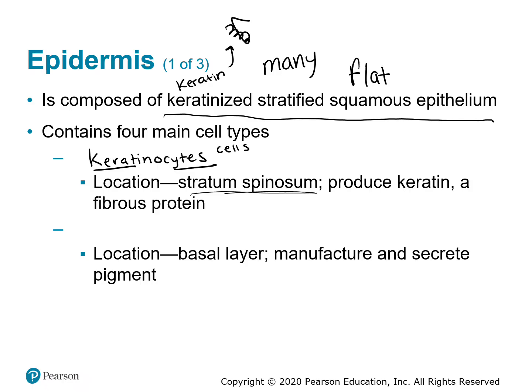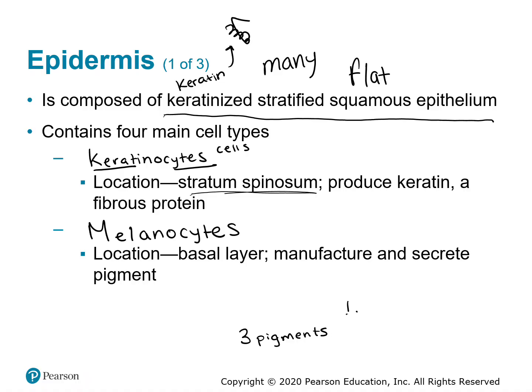The next type of cell that you would find in the epidermis are melanocytes. Melanocytes are the cells that secrete pigment, okay? So for all of us that are pigmented people, there are varying levels of melanocytes in our skin. There are 3 different types of pigments.